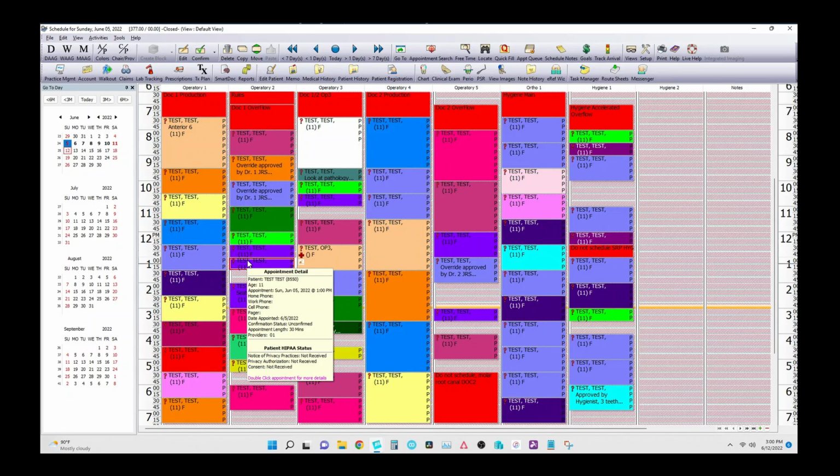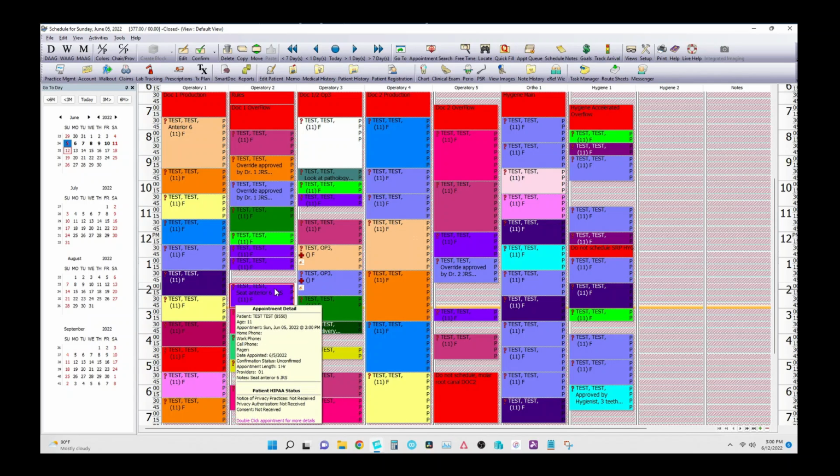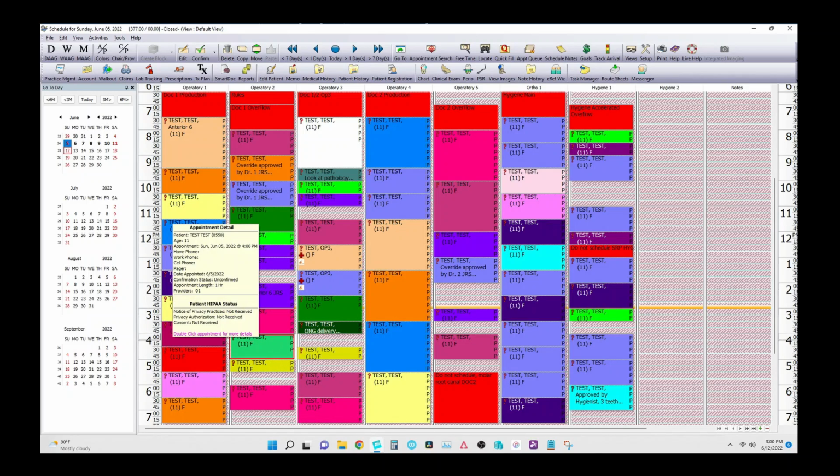crown seat. Now you'll see that this crown seat has been extended to an hour. Why? Because we're seating 6 anterior crowns. So this is a situation where we've extended that amount of time, okay? A normal OP2 appointment, a normal OP2 appointment.